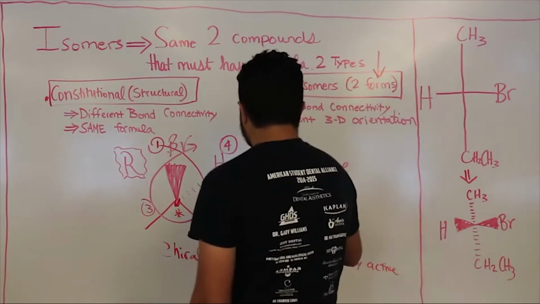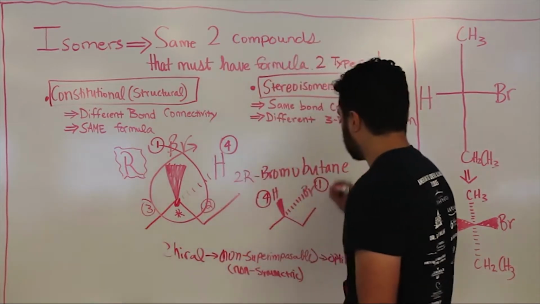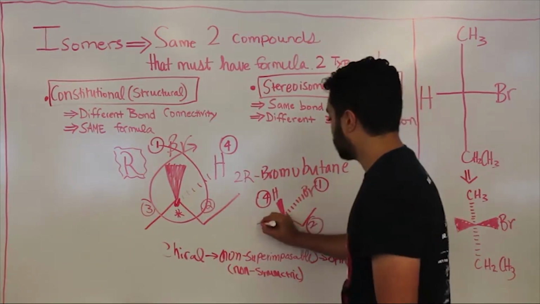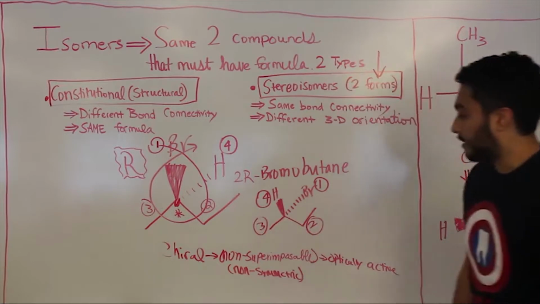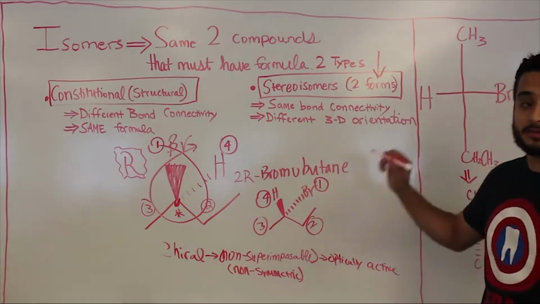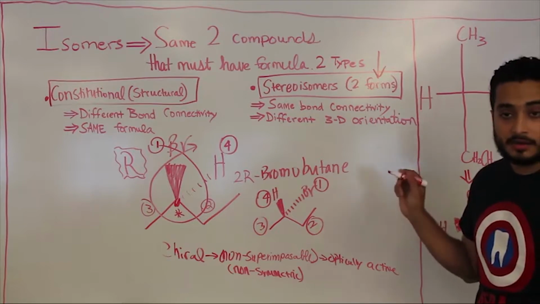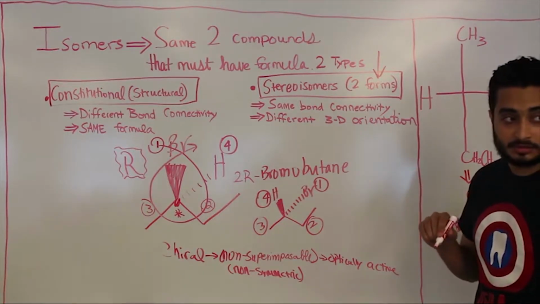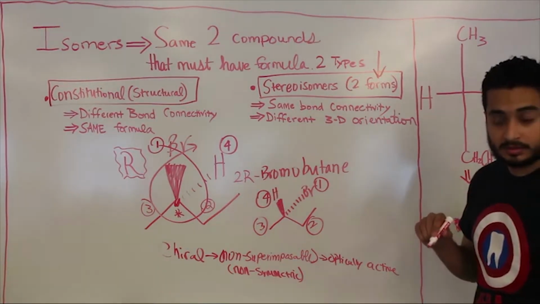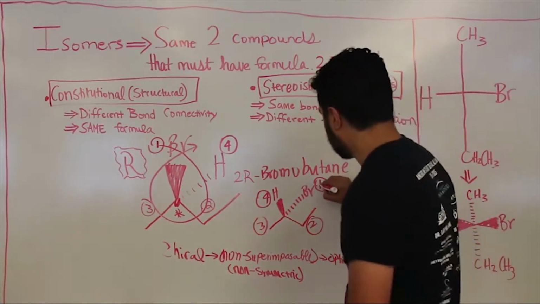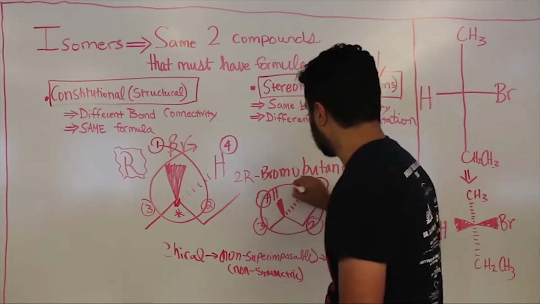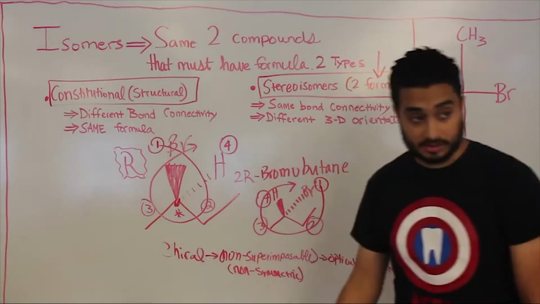So we know that the hydrogen's on the fourth, bromine's on the first, this one's on the second, this one's on the third. Now, when I make my round going in chronological order, would it be R or S? If I make a complete circle, it's going to go like this. It looks like it's going to be R.